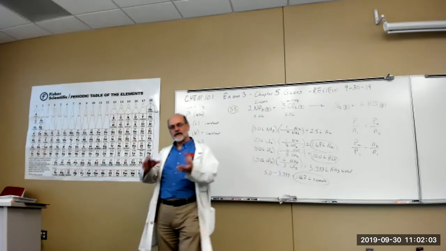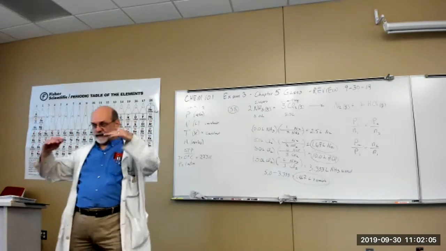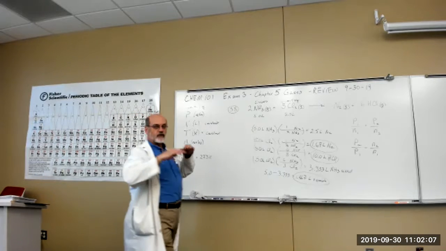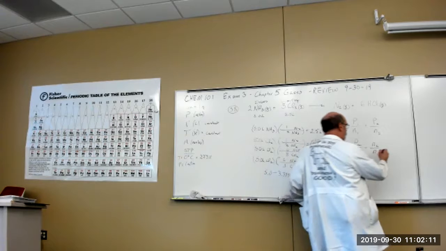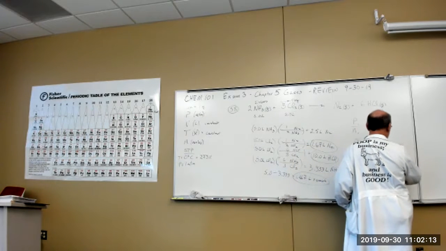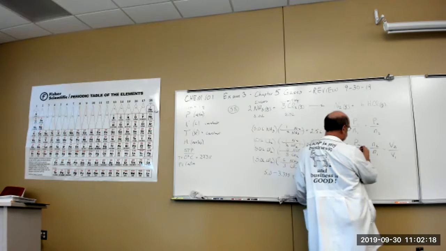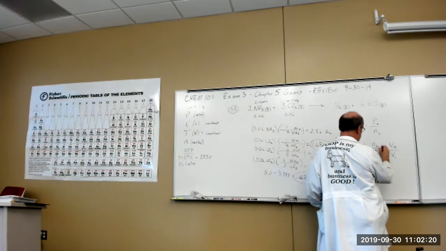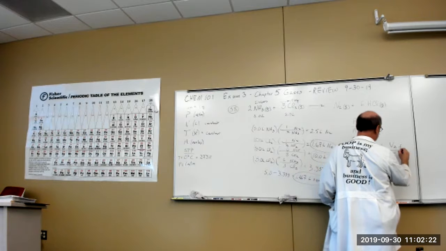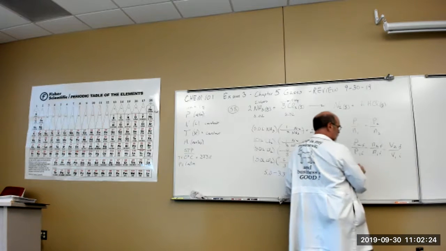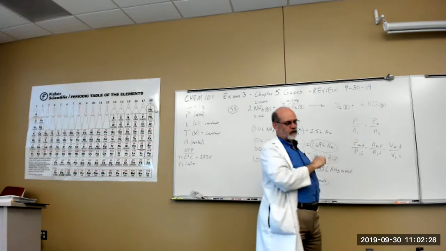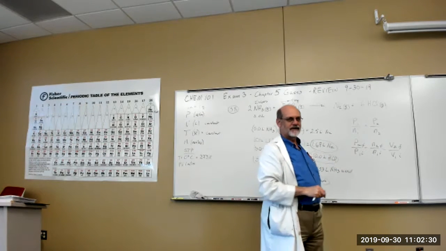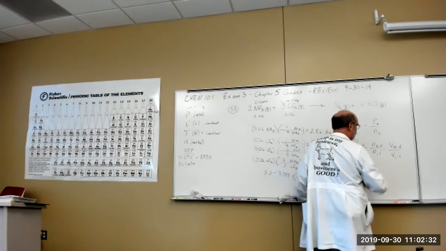Because if you have an increase in volume, everything else being equal, you have an increase in the number of moles. Right? So this ratio is also proportional to V2 over V1. So this is final, initial. We need to know this relationship because we don't have moles, and we don't want to have to calculate moles. Right? But we do know volume.